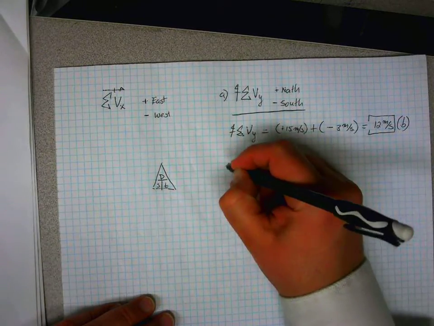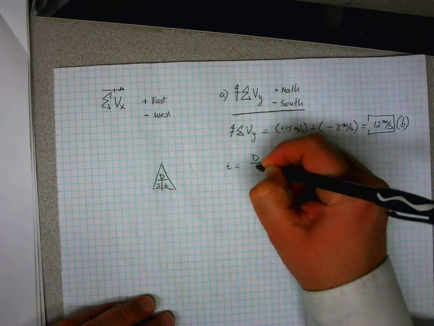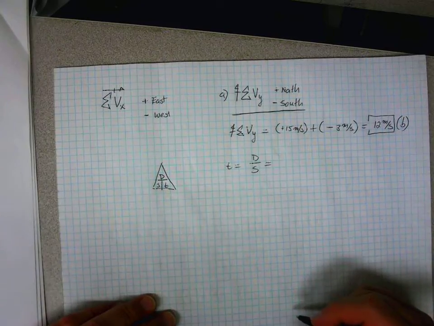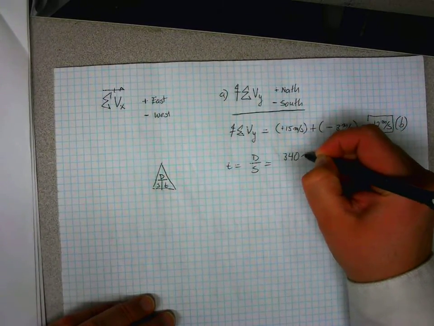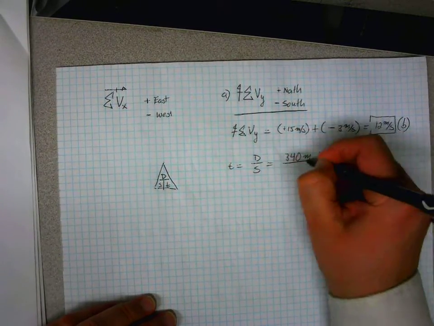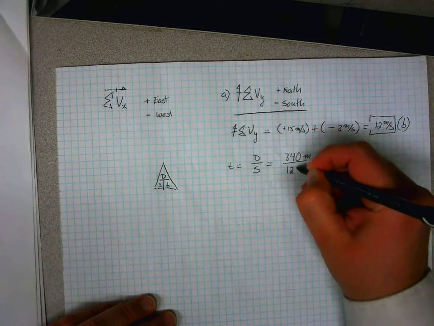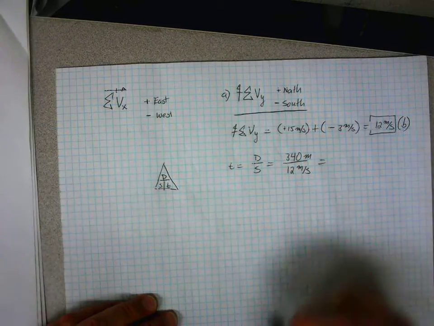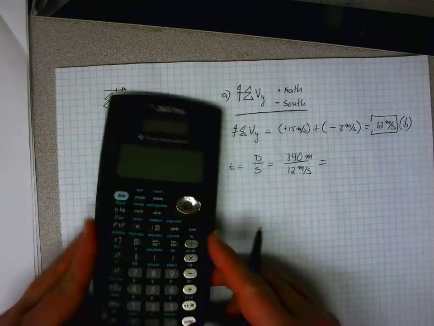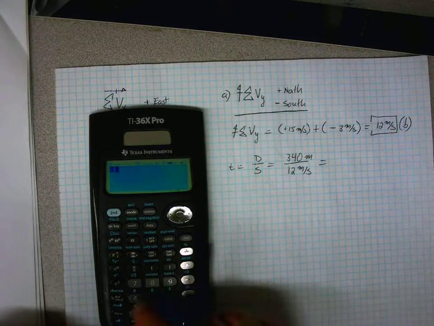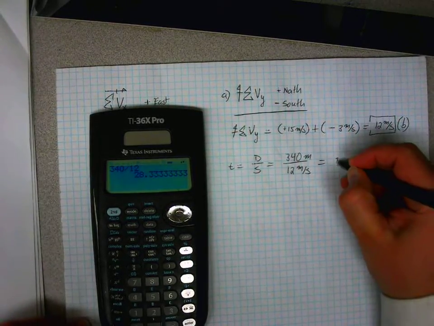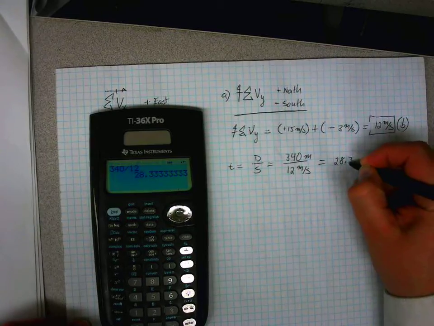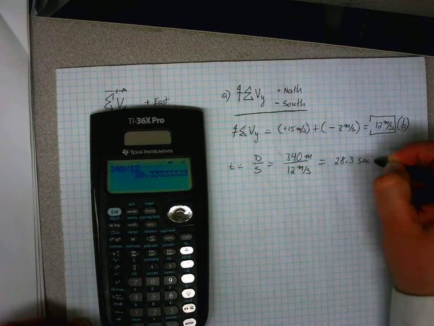So time is equal to distance divided by speed, which gives us 340 meters, and we got a speed of 12 meters per second, which will give us 28.3 seconds.